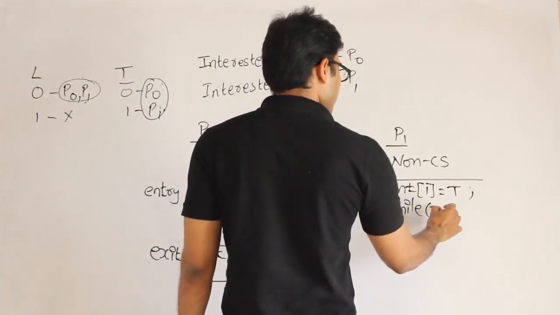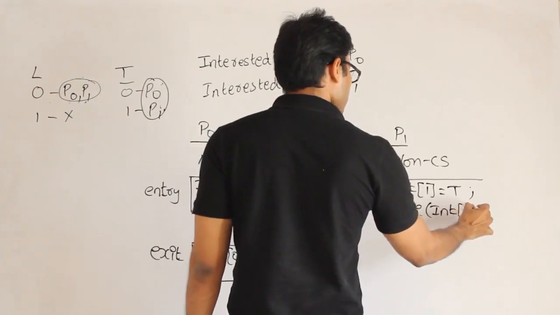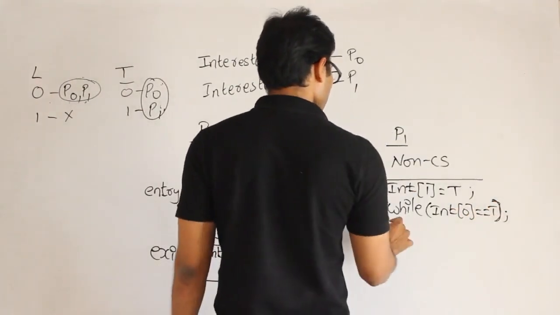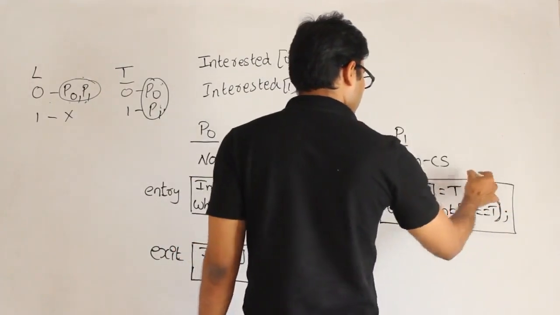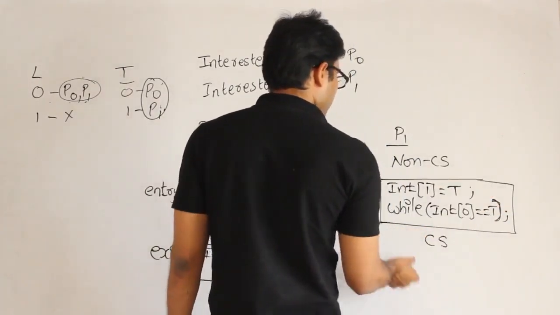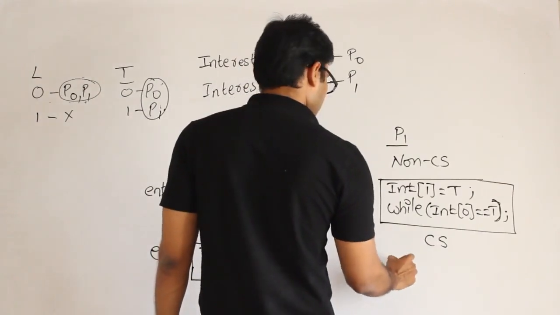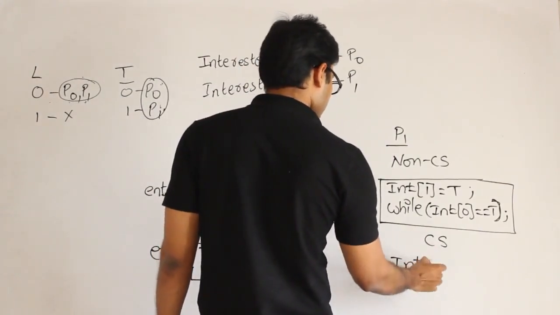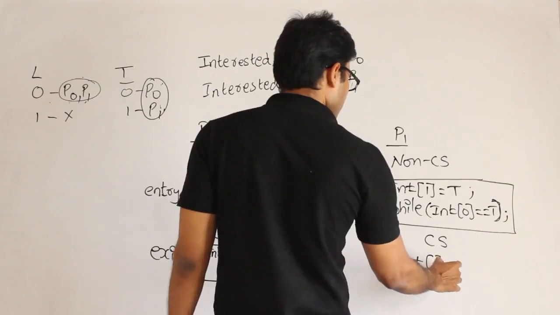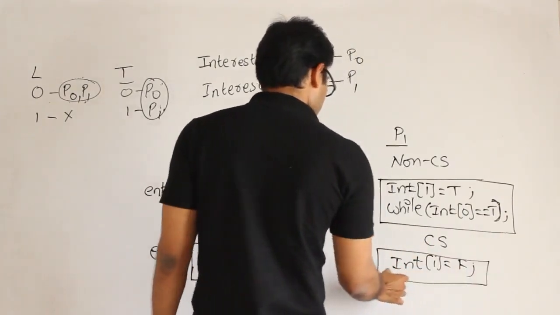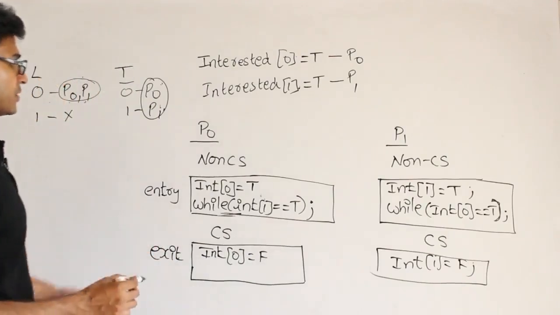So while interested of 0 equal to true, you wait here for the other one to go into the critical section, right? And once the other one comes out of the critical section, you can enter, and then you can say interested of 1 equal to false, right? This is the exit. So this is how you can implement one more synchronization mechanism.